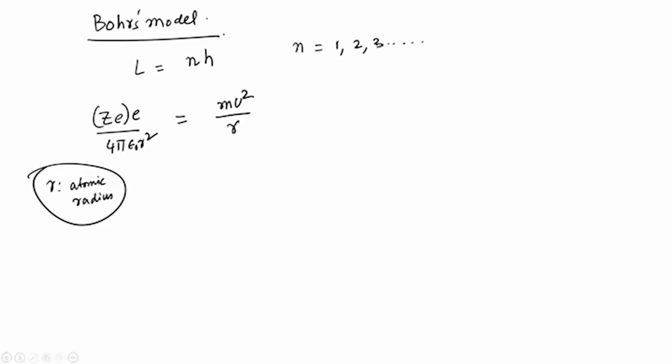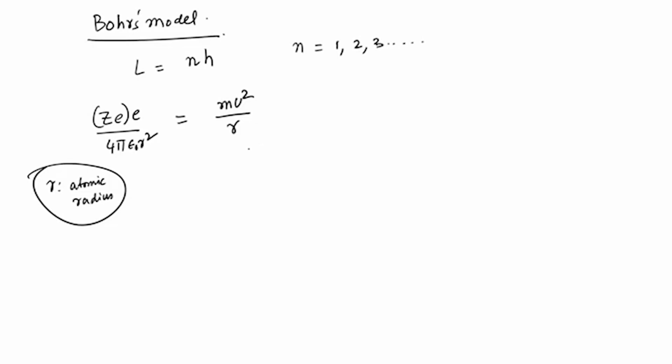This is just like taking a stone at the end of a string and wielding it in a circular orbit. The stone will keep revolving in that circular orbit, and the tension actually provides the centripetal force. Here the role of the tension is played by the Coulomb attraction between the positively charged nucleus and the electron.